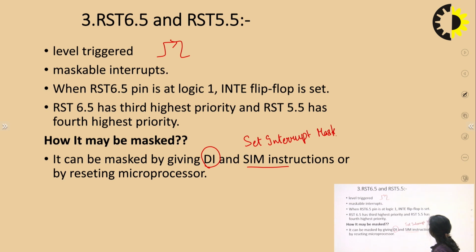So it can be masked by using SIM instruction, that is set interrupt mask, and DI, that is disable interrupt. When the RST 6.5 pin is at logic 1, the interrupt flip flop is set. RST 6.5 is having the third highest priority and RST 5.5 is having the fourth highest priority.